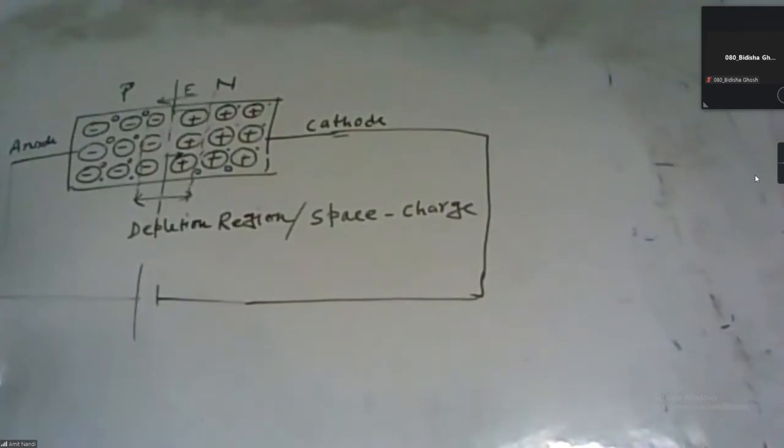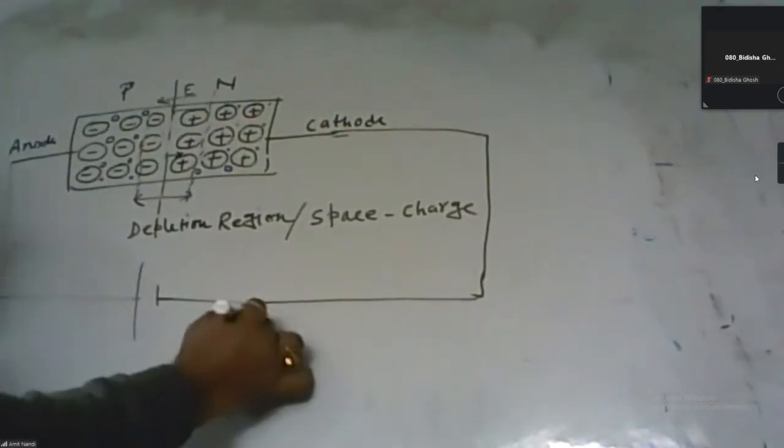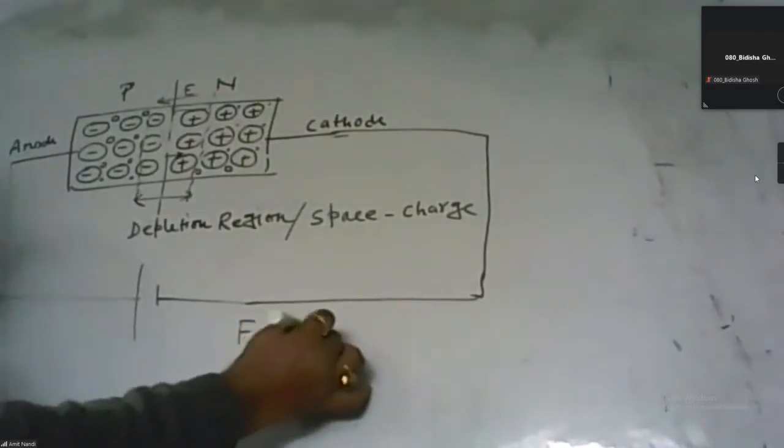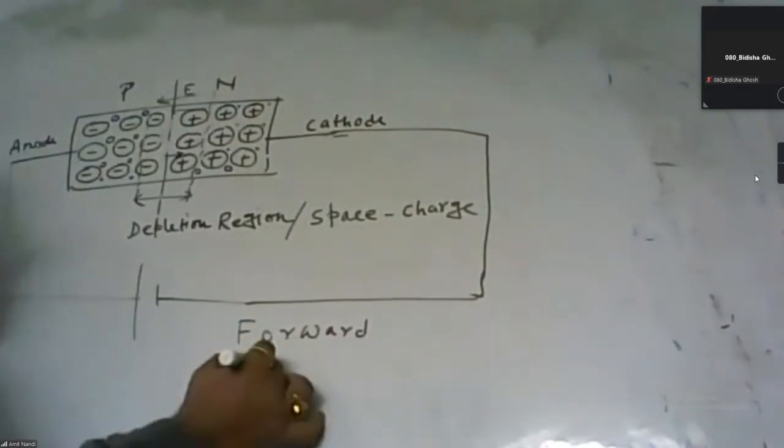When this type of DC power supply is connected, that is called biasing. Using this external DC power supply, we can change the operating condition of the diode, which is called the biasing condition. Biasing is possible in two types: forward biasing and reverse biasing.